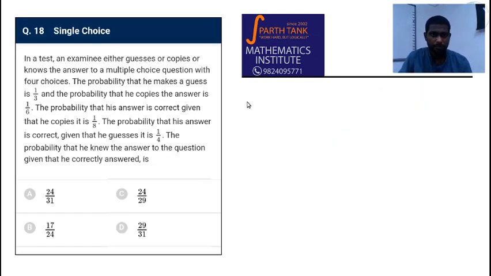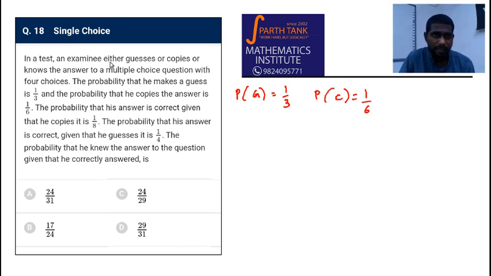Question number 18. In a test, an examinee either guesses or copies or knows the answer to a multiple choice question with 4 choices. The probability that he makes a guess, I am going to call it P of G, is 1 by 3. The probability that he copies the answer, let's say P of C, is 1 by 6.